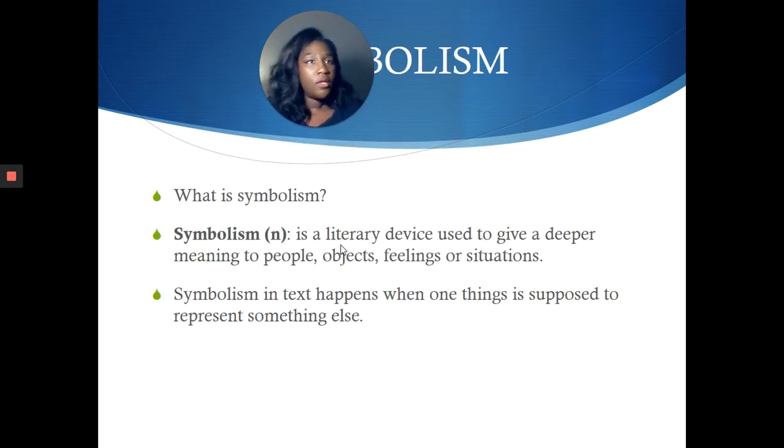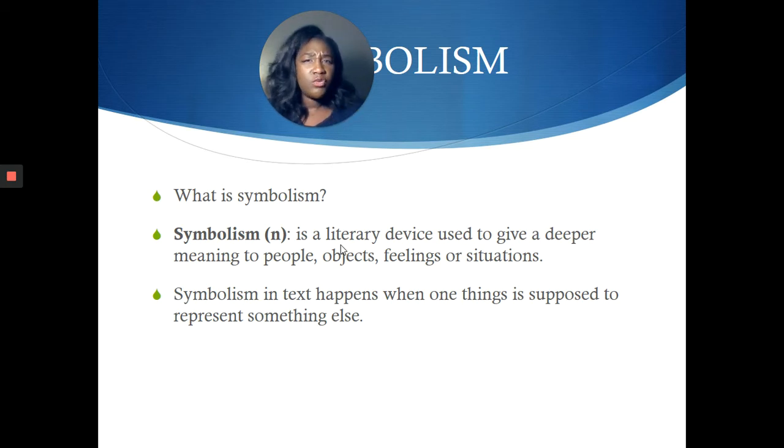All right. So, first question, what the heck is symbolism? Why is it important? Is this really necessary for me to know? So, to answer that, what is symbolism? It is a literary device that authors use to give more meaning to people, to things, to places, to make a story more interesting.